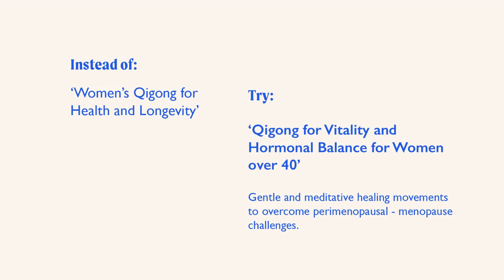It's usually because they want something not stressful, something calming that adds spaciousness in their lives. You have to understand your audience, and you could say something like "Gentle and meditative healing movements to overcome perimenopausal and menopausal challenges."